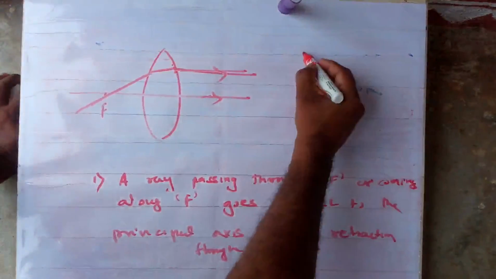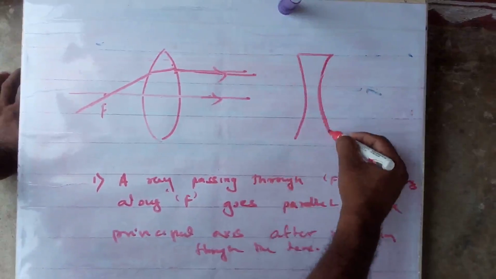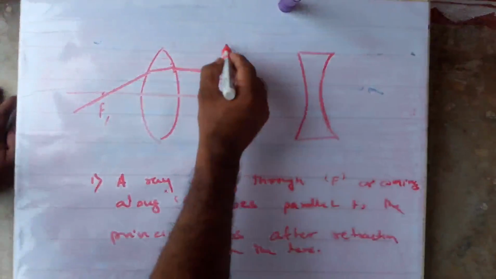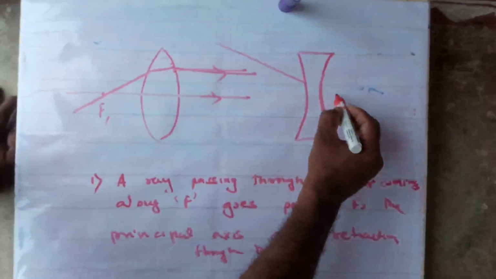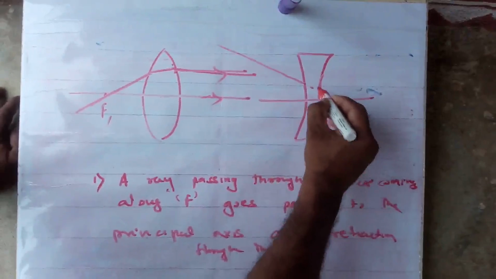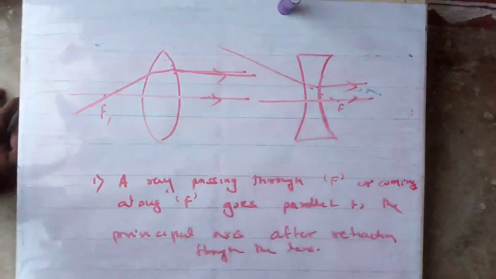Second, for a concave lens, also the same. Here it may not pass through the focus, but coming along the line of focus. This is the first focal point for concave. A ray is coming like this. This is the principal axis. Here is the focus actually. Then it will become parallel to the principal axis.